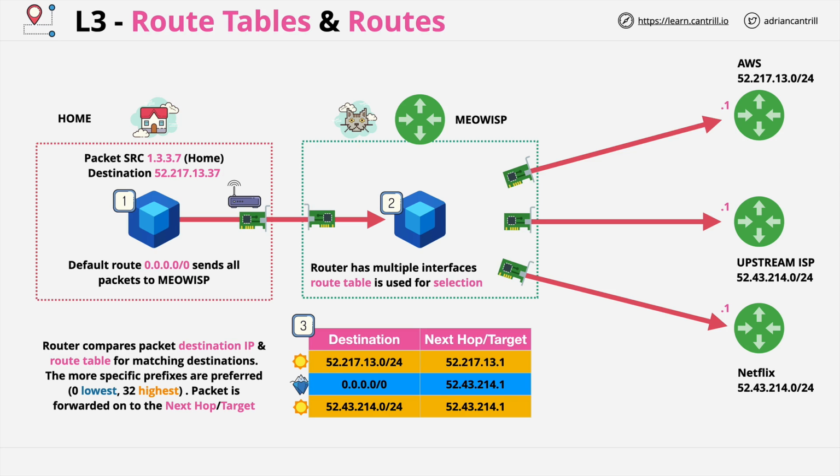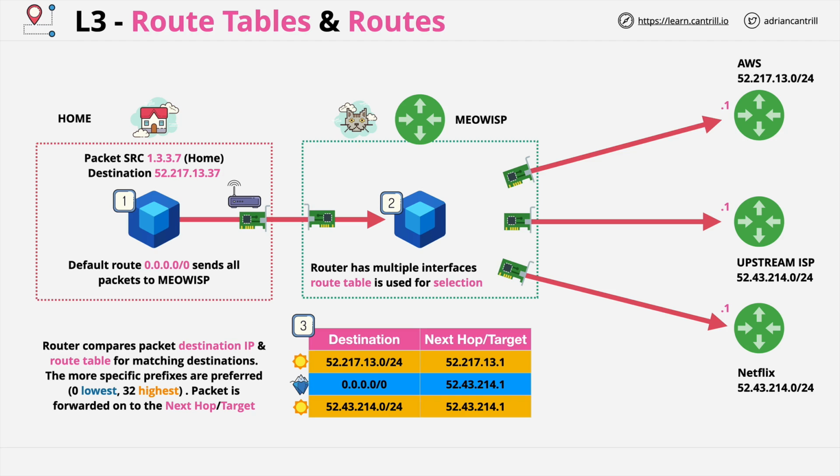So a /32 is the most specific and a /0 is the least specific. A /32 actually represents one single IP address, and a /0, well, this represents all IP addresses. A /24 means that the first 24 bits are for the network and the last 8 bits are for the host. So this matches a network of 256 IP addresses.